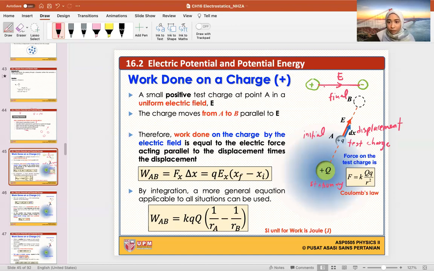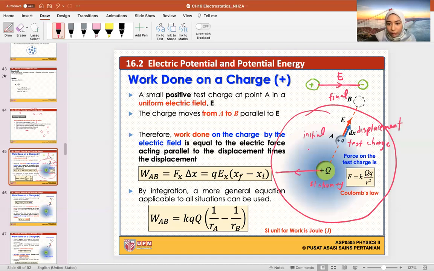With this situation in mind, we have a stationary source charge, which means that around this area, my electric field should be uniform. Assuming that I'm not going to infinity, and that there are no other charges around, the electric field around this source charge is uniform.